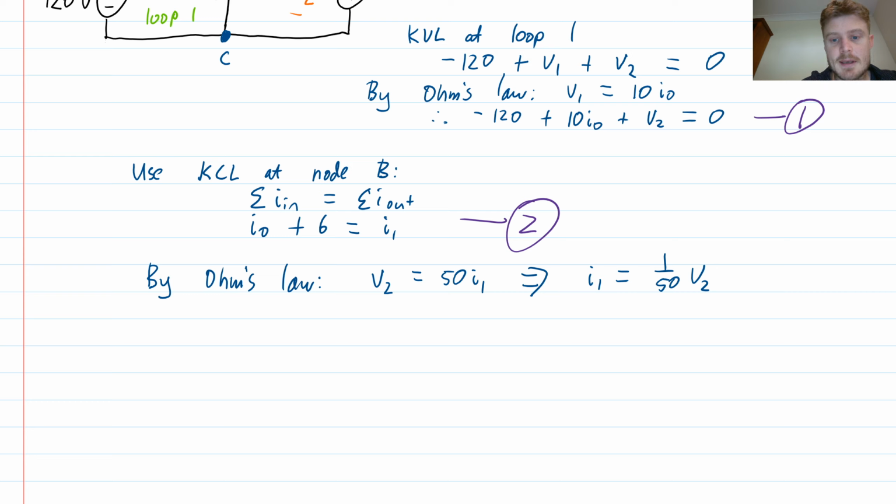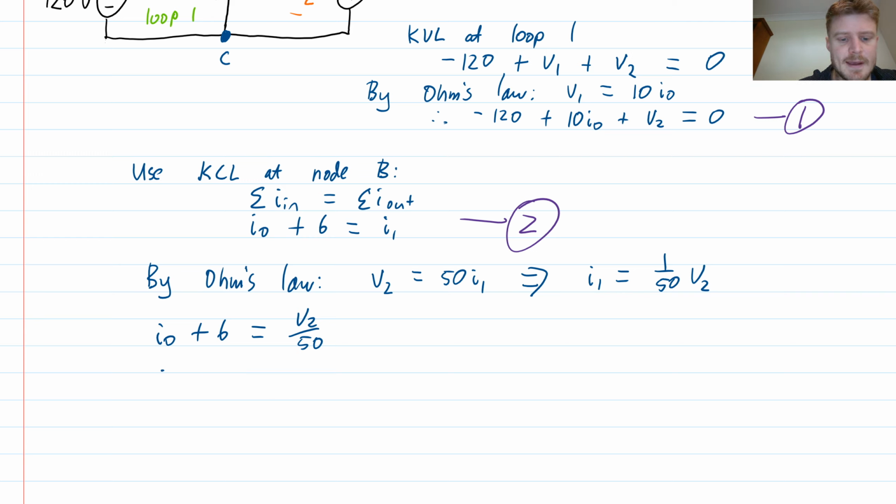Substituting into equation 2, I get I0 plus 6 is equal to V2 divided by 50. This tells me that I0 is equal to V2 divided by 50 minus 6, which means I can substitute back into equation 1. But actually this will be a little bit easier if I solve for V2.